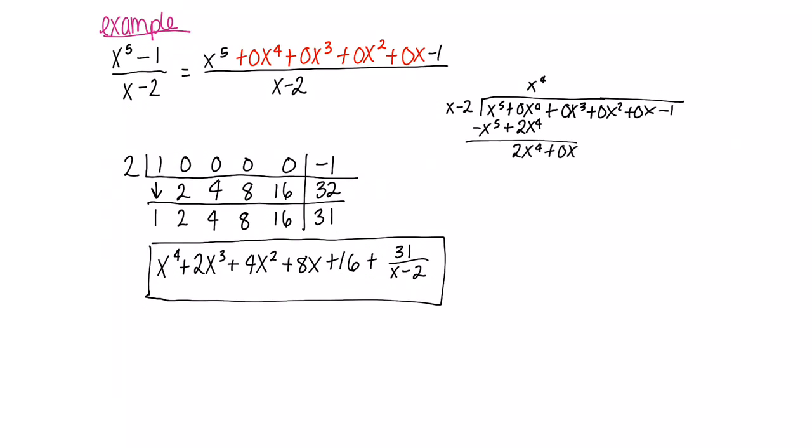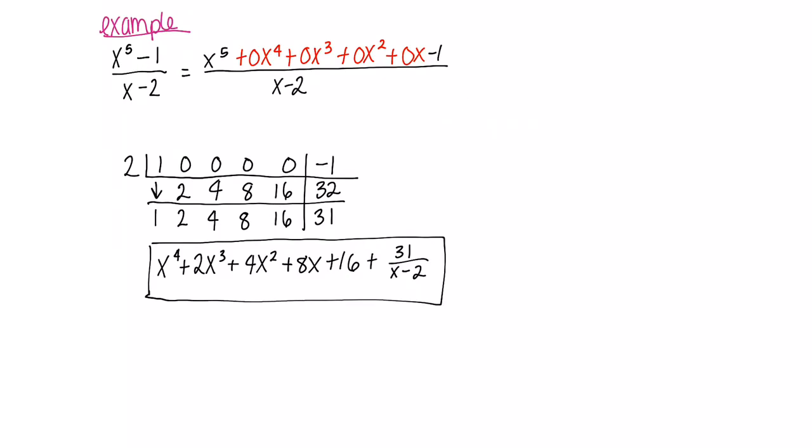You can see exactly how long this is going to take me to do, right? Plus 2x cubed. This goes on for quite a while. Look at all of these guys here. This whole process with long division would be excruciating. I'm not going to put us through that. That would be just too much.